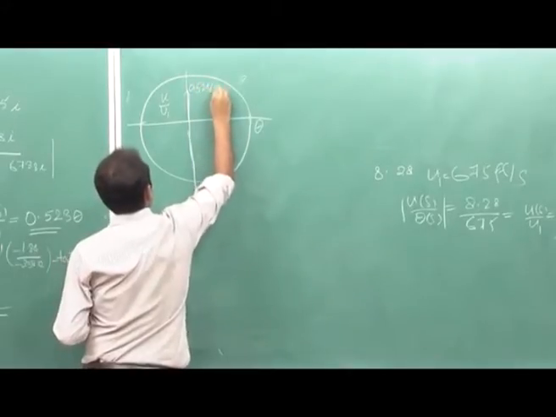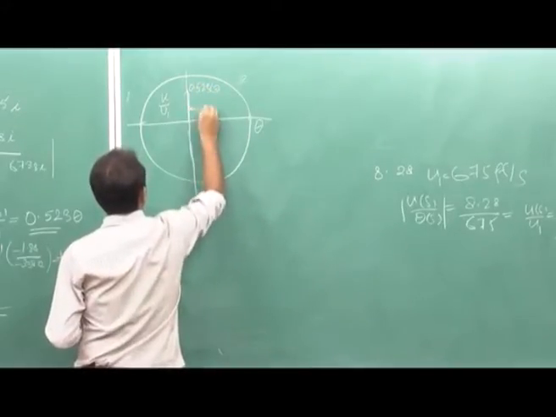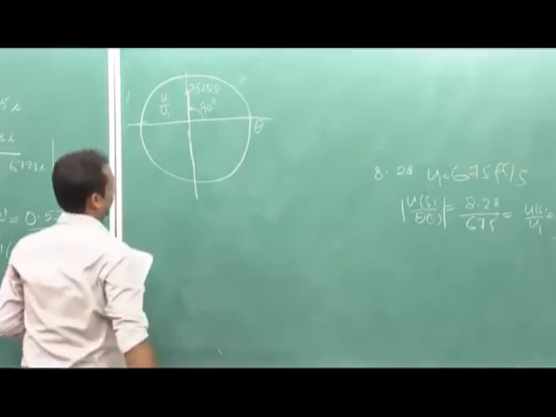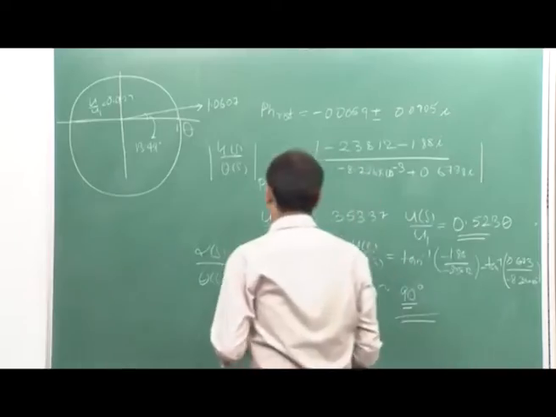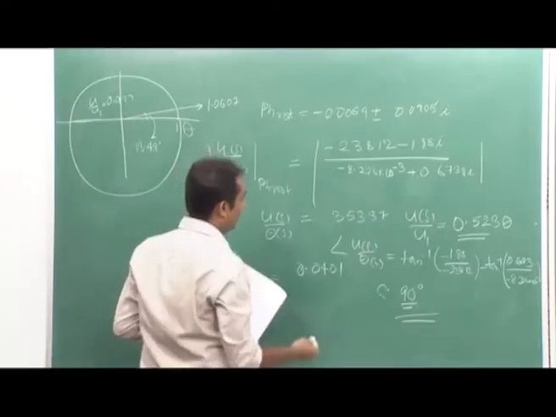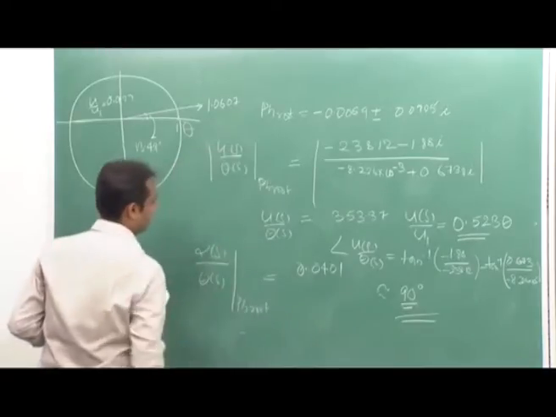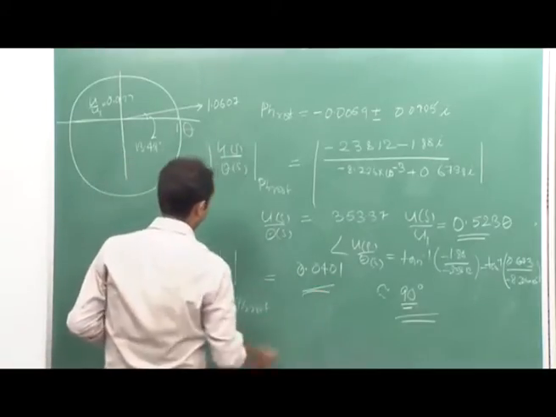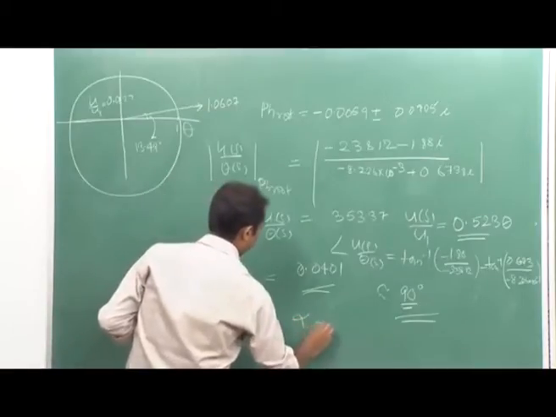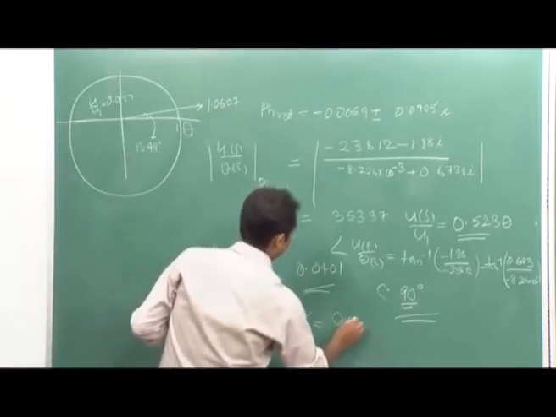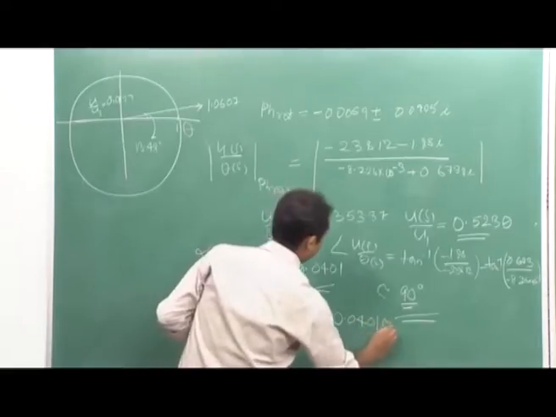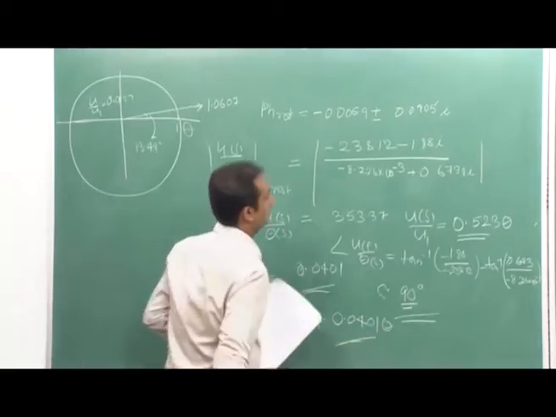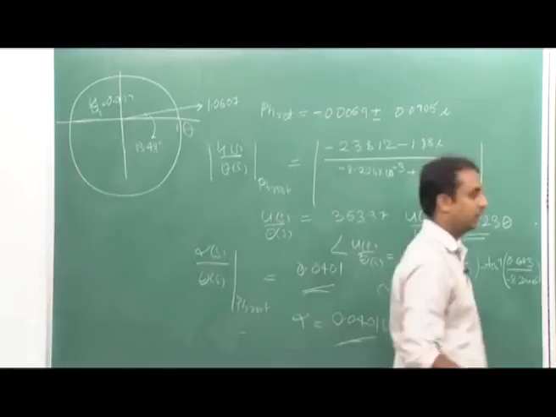And as you can see, alpha upon theta in this case was very small. That is, alpha in terms of theta will be 0.0412 theta, which is very small, so you can neglect that.